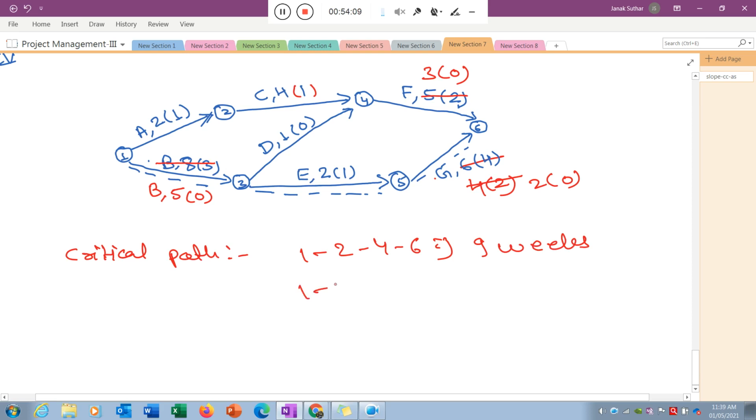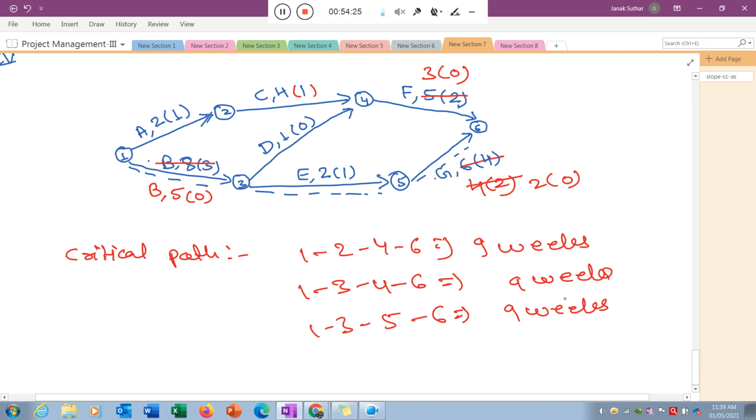If I talk about the 1 3 4 6, what is the path length? 9 weeks. If I talk about the 1 3 5 6, what is the path length? 9 weeks. Now you see, I am able to reduce my project time from the initial 16 weeks to 9 weeks.